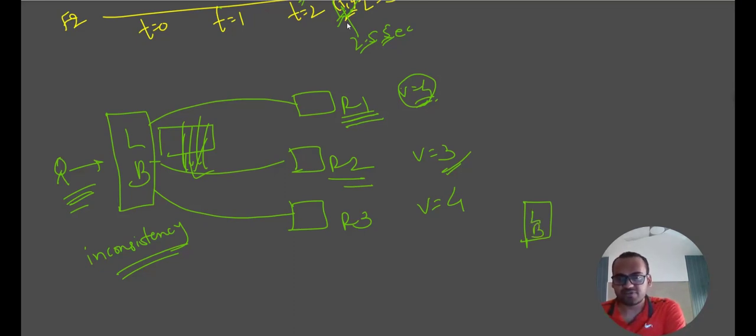Instead, we use the load balancer with a strategy called sticky sessions. Why are sticky sessions needed? Let's say this is client A and this is client B. Client A's requests would always go to replica 1, and client B's requests would always go to replica 2.